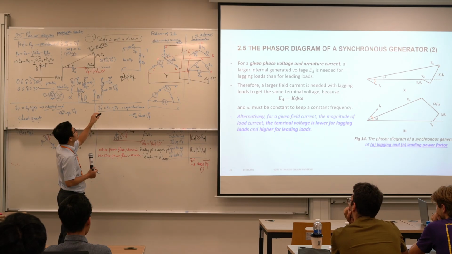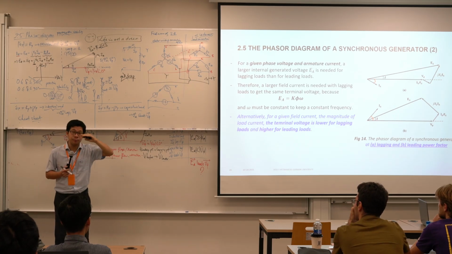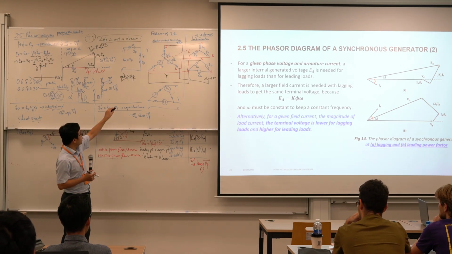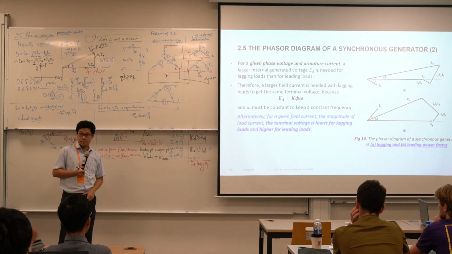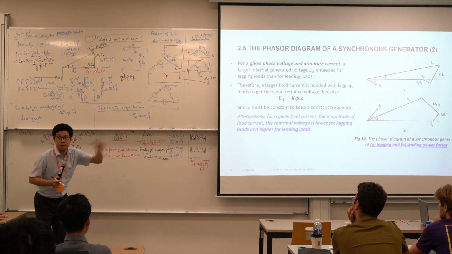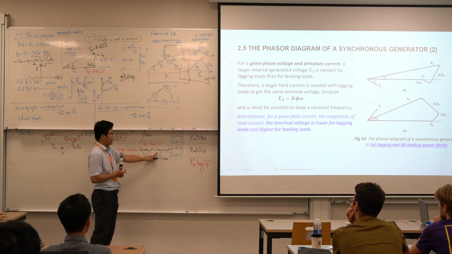Now, this is the generator. This is the load. We know the active power flows from the generator to the load, right? Definitely yes, because we supply the power to the load. That means from the leading to the lagging.